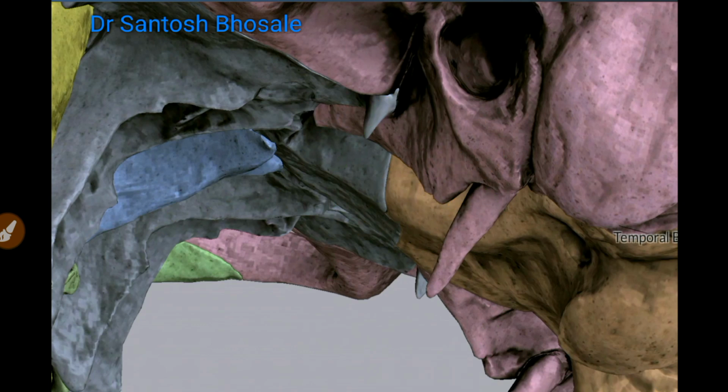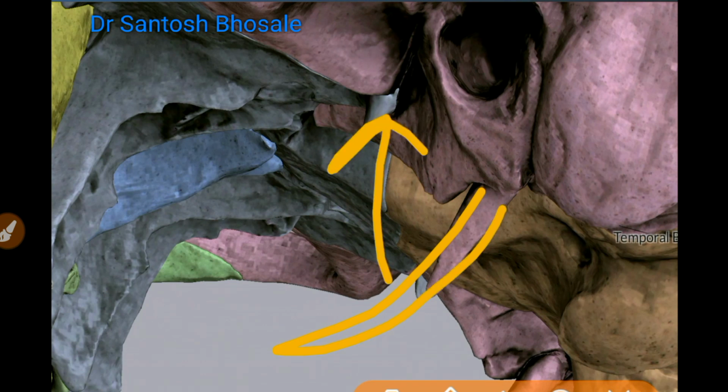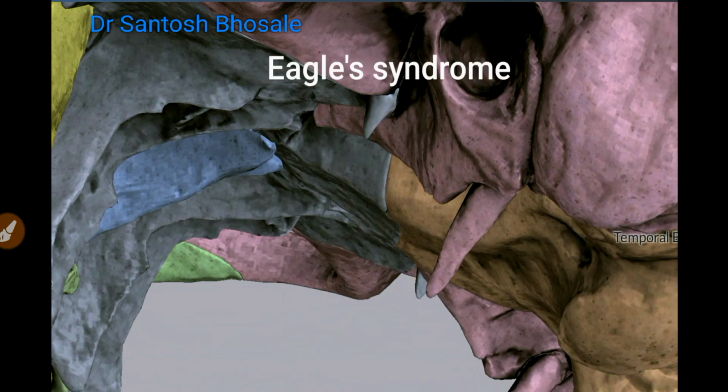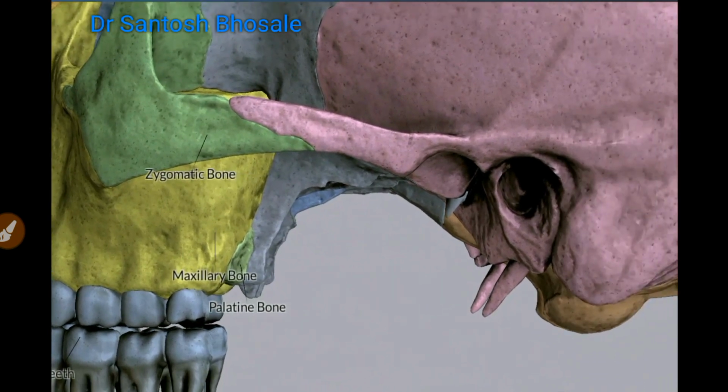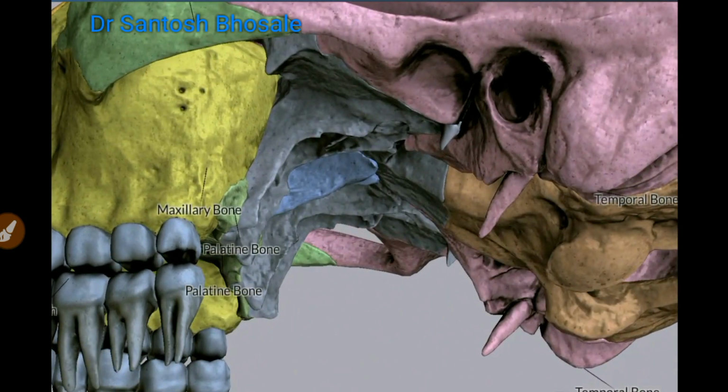So a lot of important structures are related to it, and when it is elongated abnormally, it leads to a syndrome called Eagle's syndrome, because it may pinch on these nerves, producing dizziness, dysphagia like symptoms. That's why the styloid process is very important.